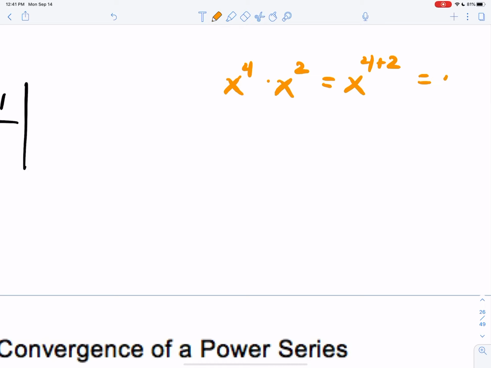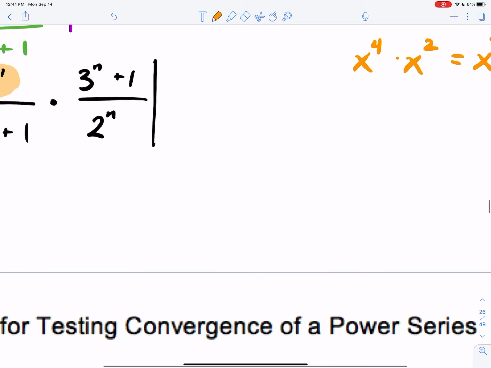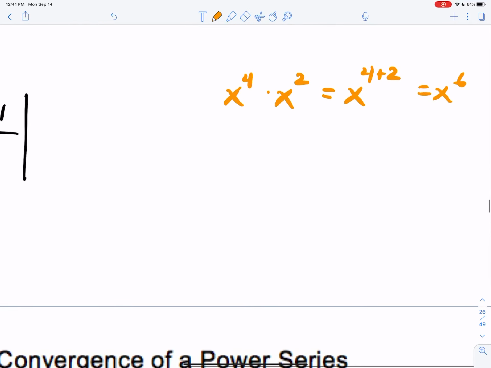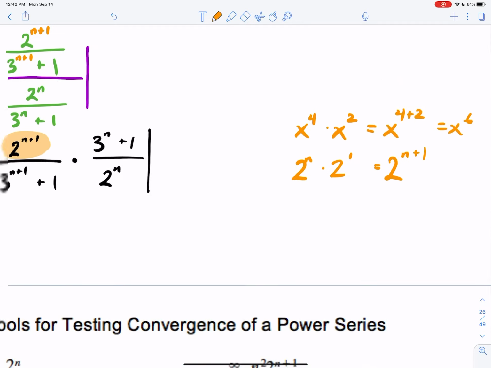And that's how we get x to the 6th, okay? So if I take a look at 2 to the n plus 1, and I want to go backwards, that's the same thing as 2 to the n times 2 to the 1st power. All right? I'm going to go ahead and change that.